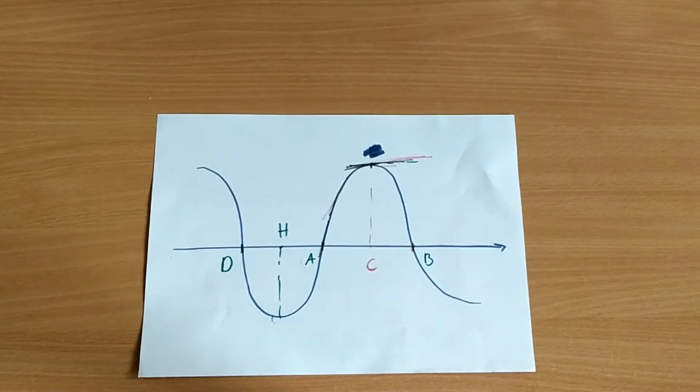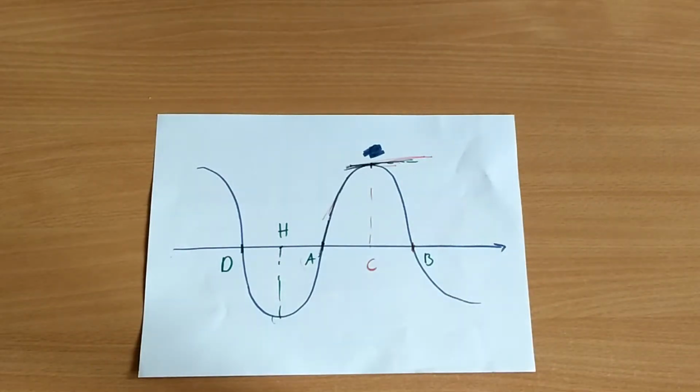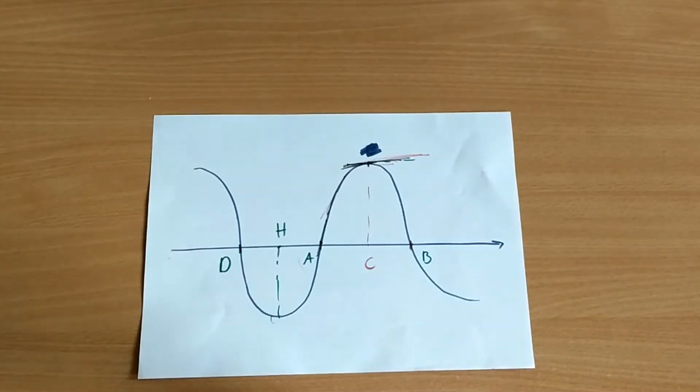Now what about the second derivative on this interval? Well, we can see that the first derivative from the interval from A to C is actually decreasing. Now why is that? The second derivative actually tells us whether the first derivative is increasing or decreasing, or whether the slope is increasing or decreasing.